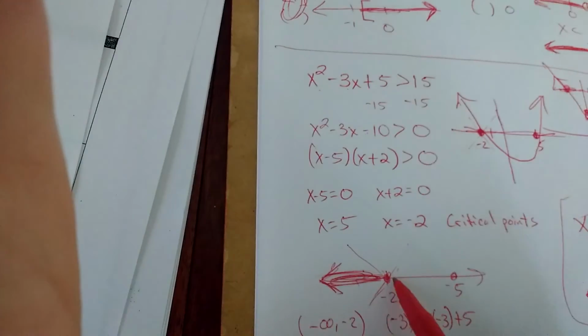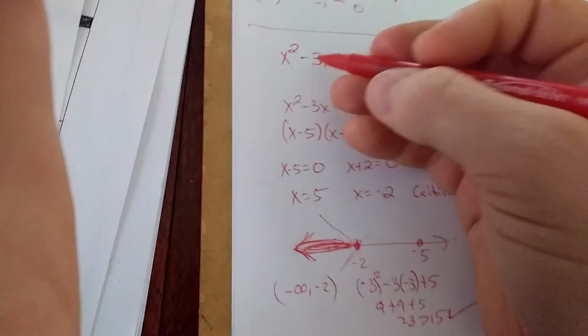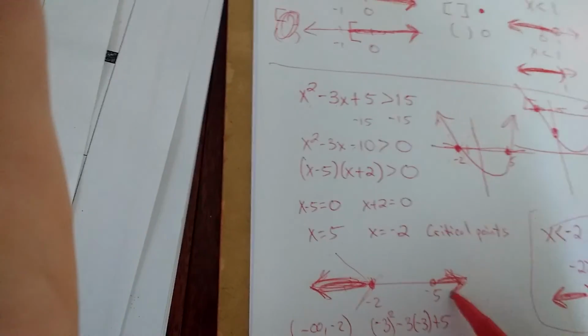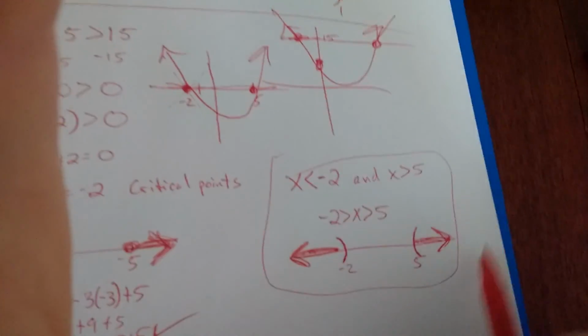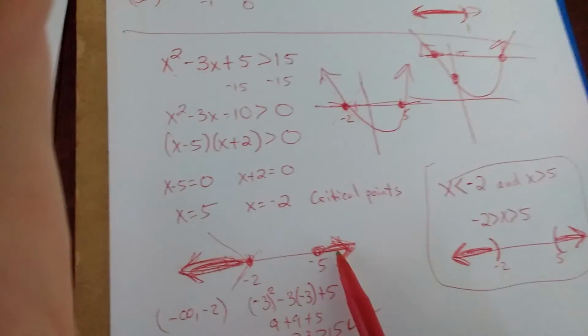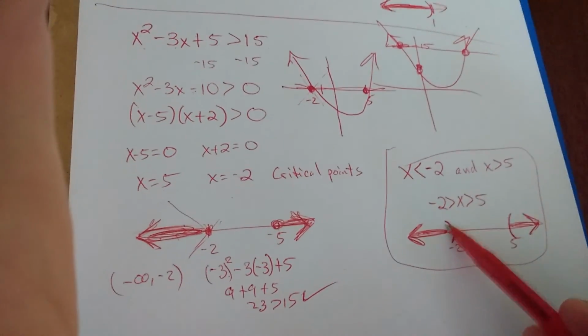So none of those points on the inside would work. And then pick a point above 5, like 6. Do the same thing. You'll get a true statement, and you'll realize, hey, all of those will work. And so then you could draw your conclusion, same as over here. Like say, hey, x has to be less than -2 or greater than 5. And write your answer like that.